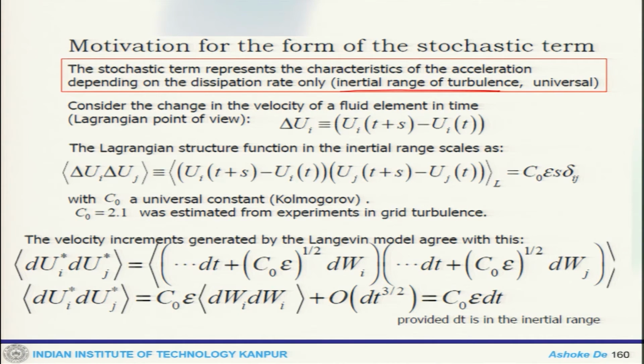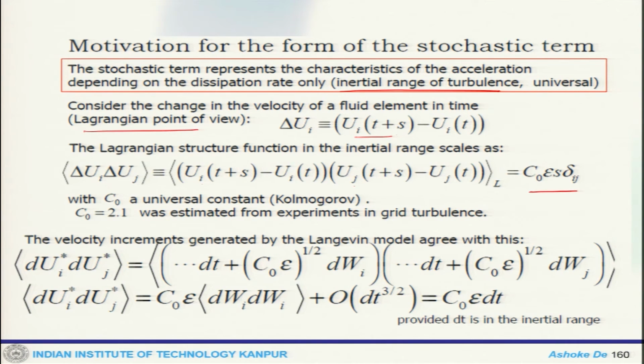Now, if you change your velocity from the fluid element, from the Lagrangian point of view, this would be ui at t plus s minus ui at t. The Lagrangian function of the inertial scales would be delta ui delta uj, which is approximated as C naught epsilon s delta ij. So this is a universal constant, which is 2.1.